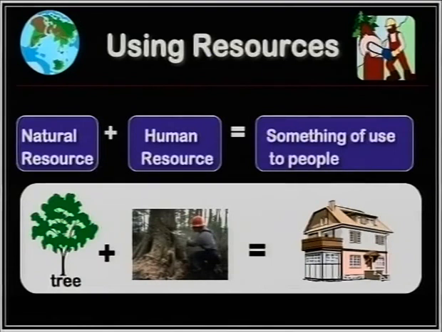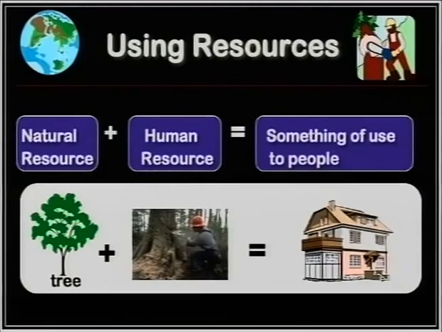Human resource, what is this man doing here? Okay, he is chopping or cutting down the tree, all right? He's using his knowledge or skill to cut down the tree and also to build a house. So natural resource, that's a tree, plus human resource, he's using his skills and knowledge, equals something useful to the people. The result is a house. 8Cs, do you understand?